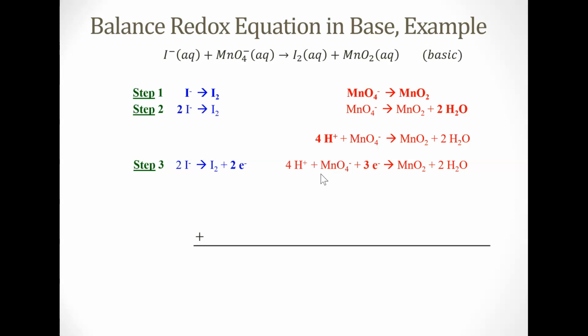On the reactant side for the reduction, we have 4 pluses and 1 minus. That's a net of 3 plus, where the product side is 0, so we must add 3 electrons so that the reactant side of the reduction is charge neutral as the product side is charge neutral.